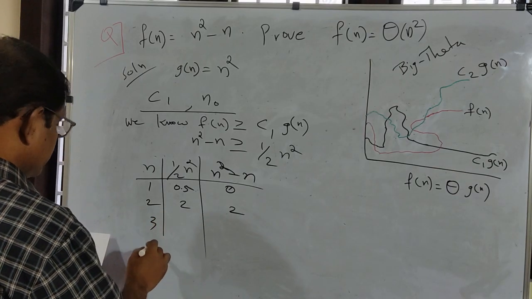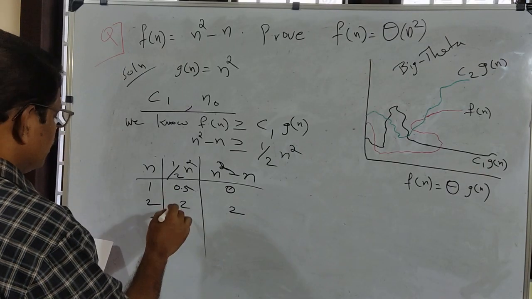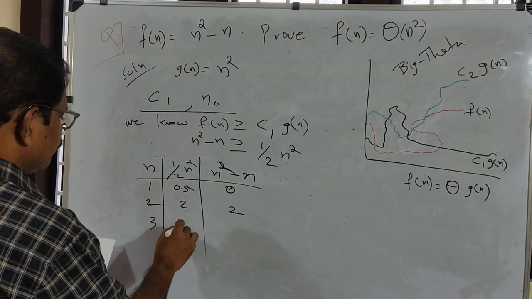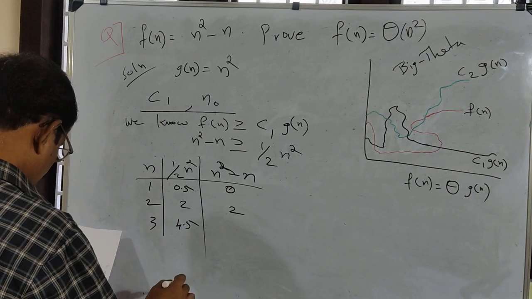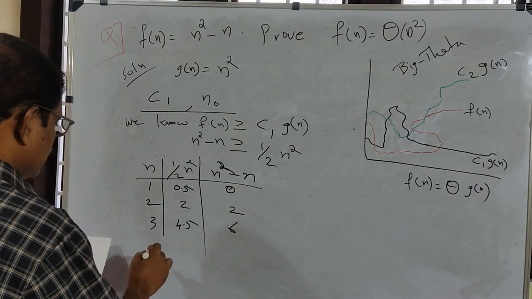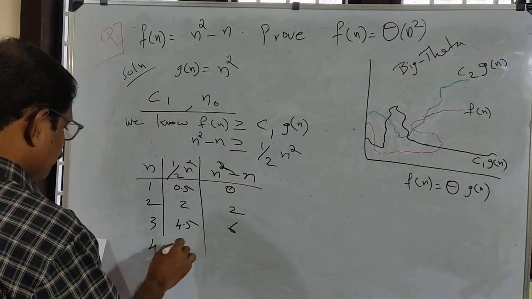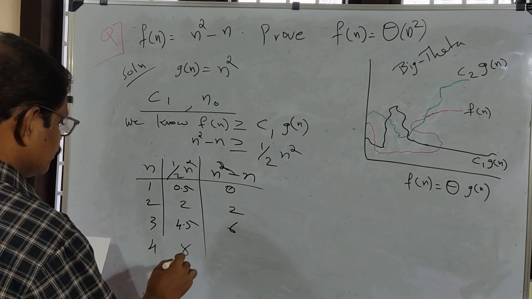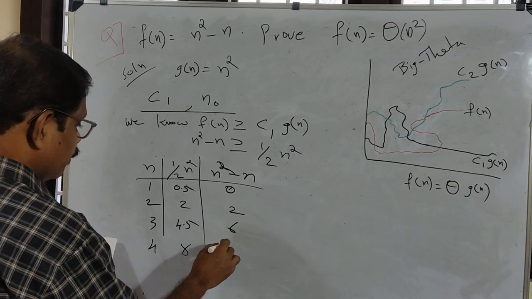When n equal to 3, it will be 4.5 and this will be 6. And n equal to 4, it will be 8 and this will be 12.